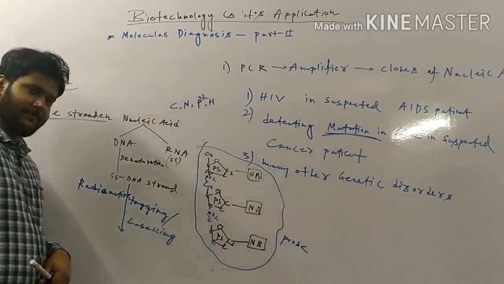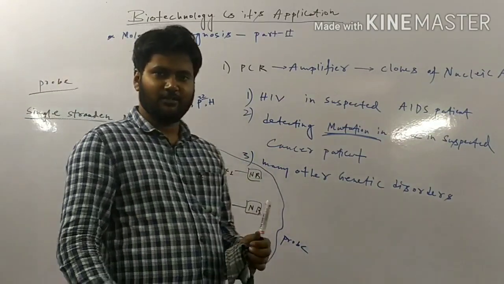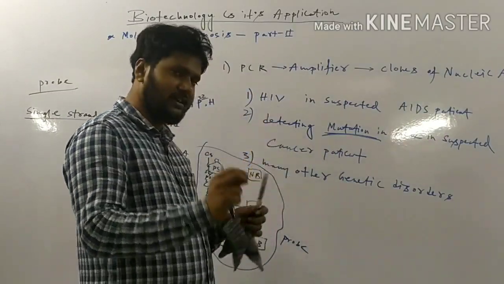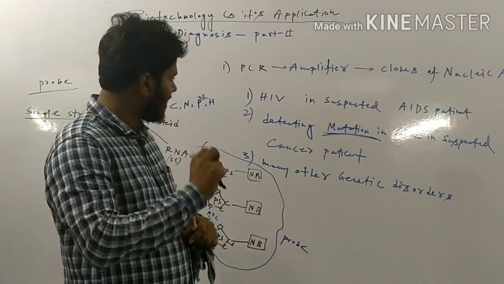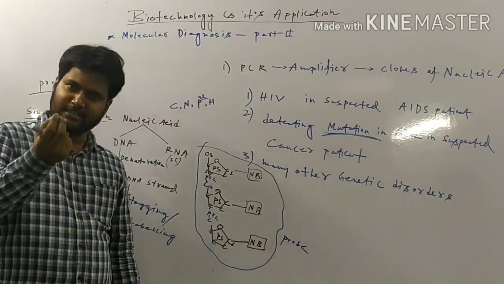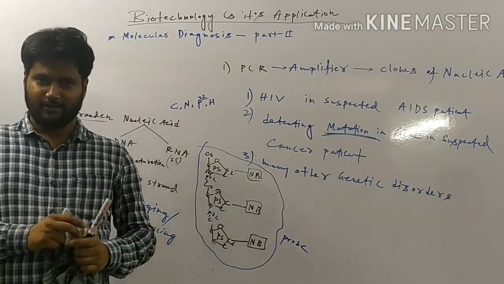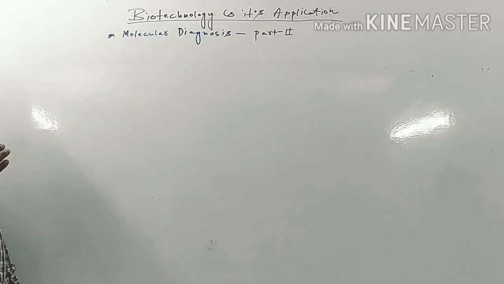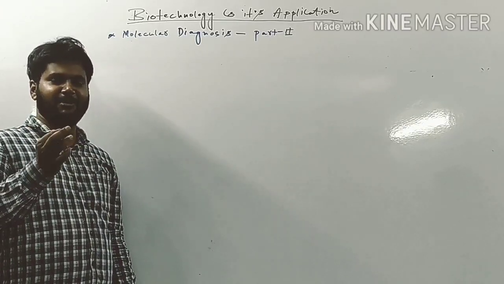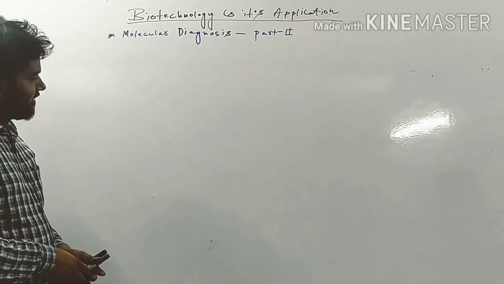Now let us see how this probe and PCR will work together and help us detect even a minute amount of HIV virus, or detect any mutation in our body. Let us discuss how PCR, DNA hybridization and the probe help in detecting mutation in any gene.